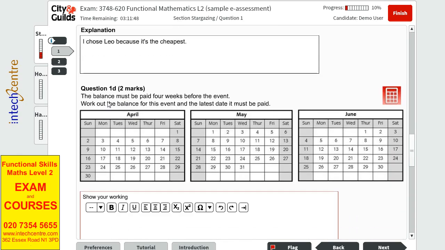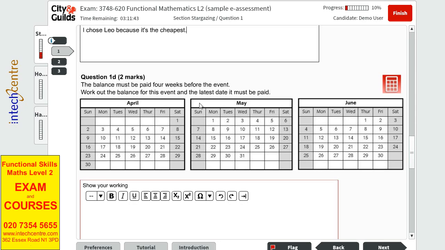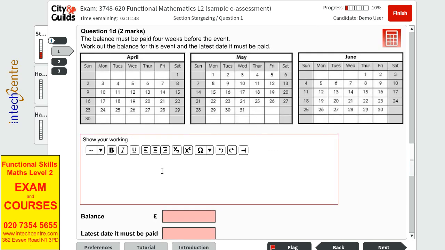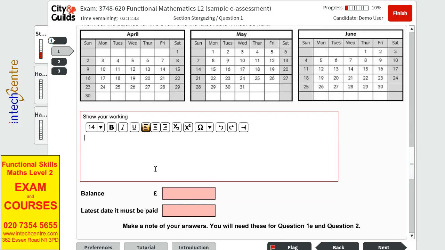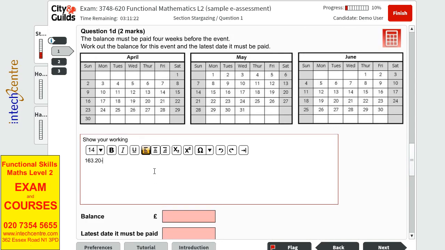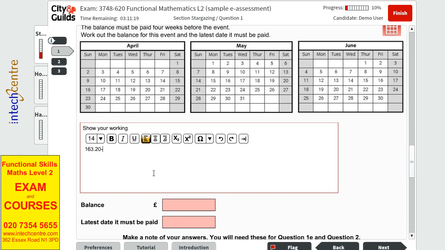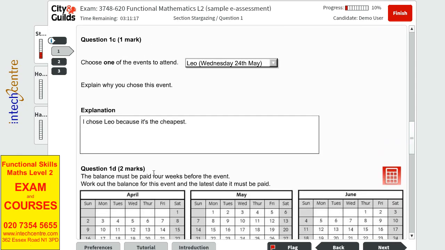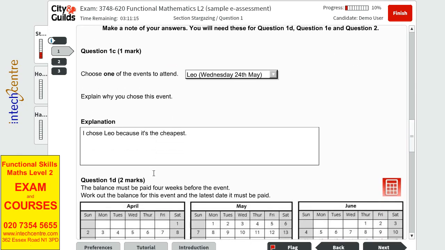Question 1D is 2 marks. It's asking you the balance must be paid 4 weeks before the event. Work out the balance for this event and the latest date it must be paid. The balance, so we have 163.20 from the first question. We'll be looking at Leo this time because this is the one we picked, minus the deposit, which is 20.40.